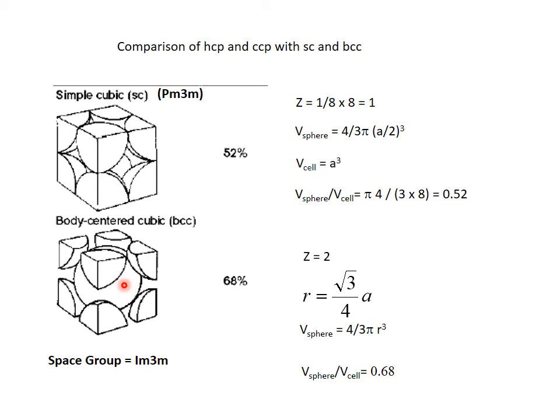The sphere in the center of the unit cell fully counts, and then we have these 8 spheres on the corners of the unit cell, which count 1/8. So 1/8 times 8 gives 1. So overall 2.